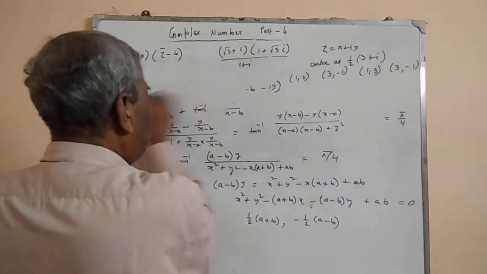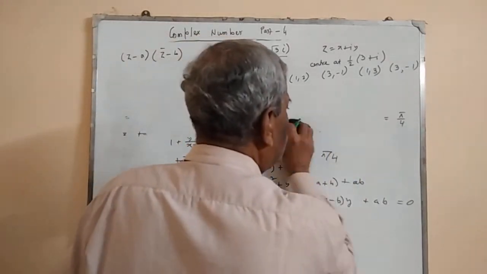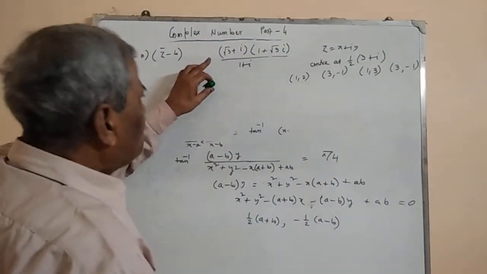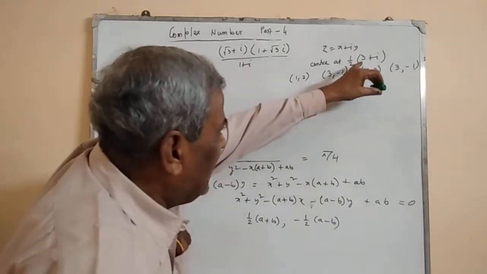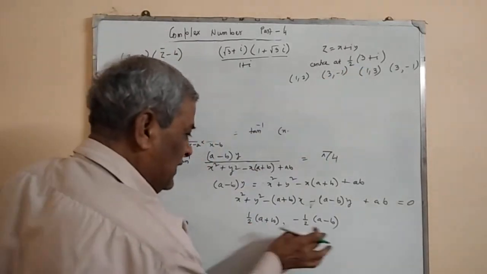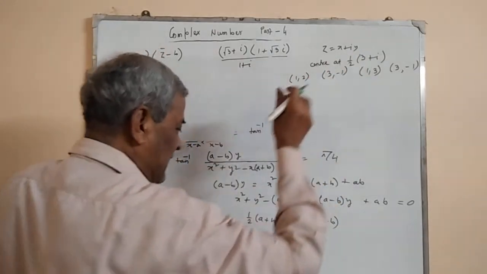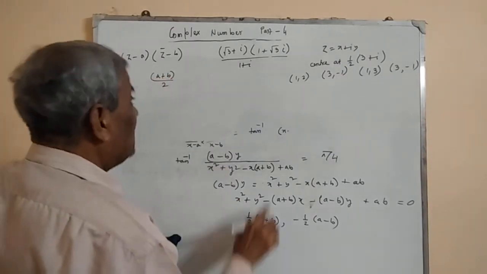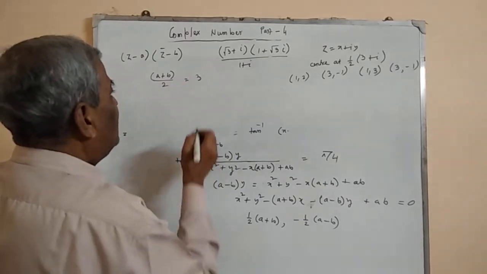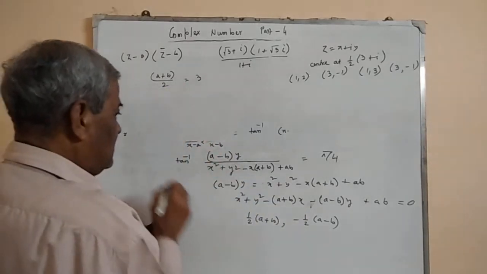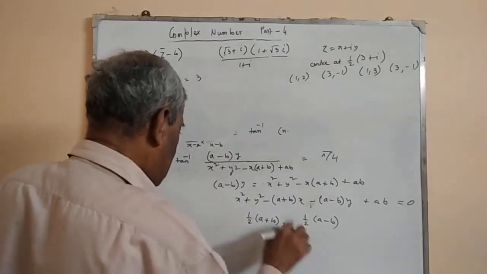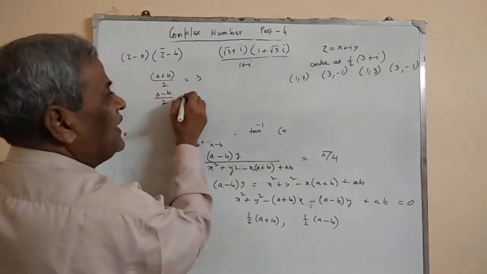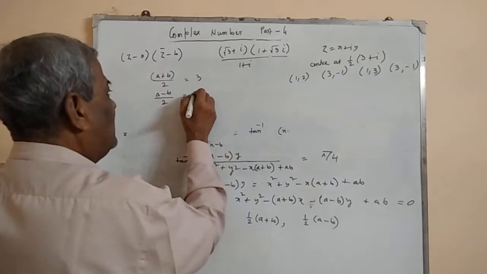As per condition, given that locus of z is a circle with center at this, so this is our center, and so we get (a plus b) by 2 is equal to 3 by 2 and (a minus b) by 2 is equal to 1 by 2.